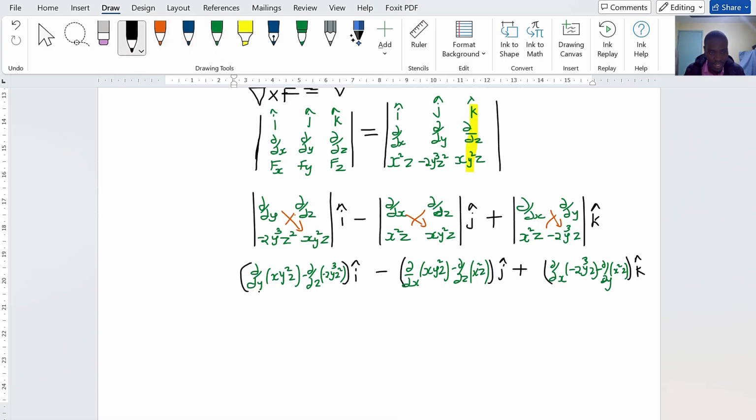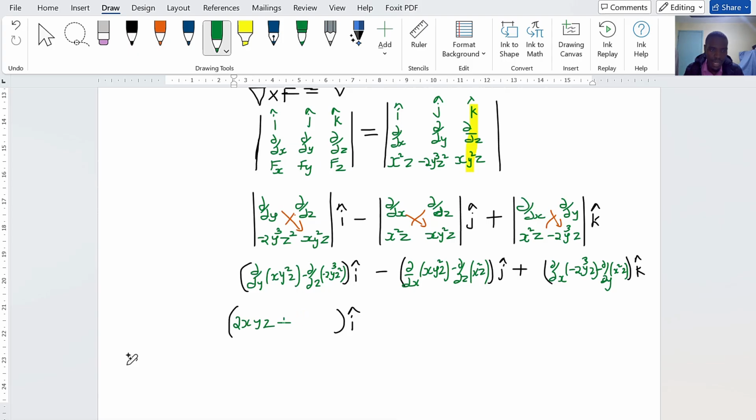Now let's work out the derivative. Differentiating this with respect to y, you only look at y. So we need another big bracket. Then we have i. dy on this, y becomes 2xyz minus, because you are only checking y. 2 will multiply x, then you reduce the power of y squared by 1, and z remains intact.